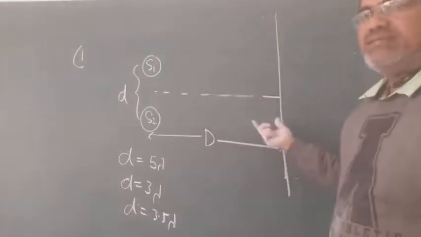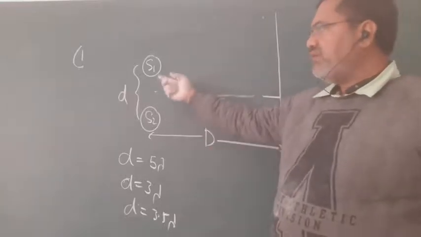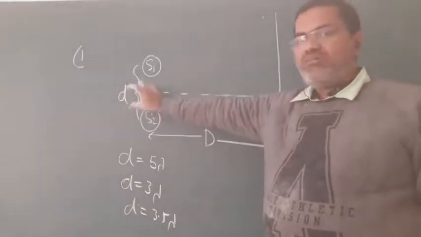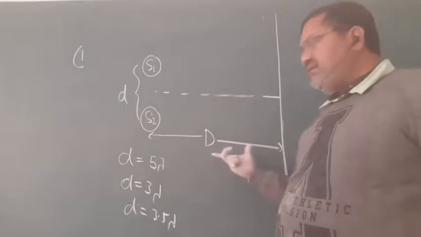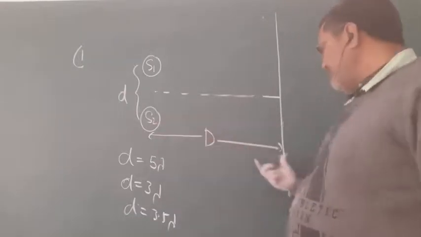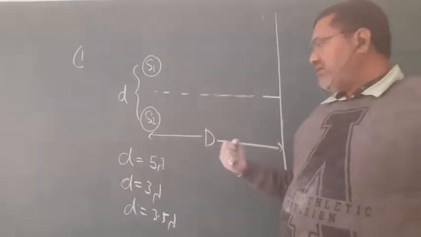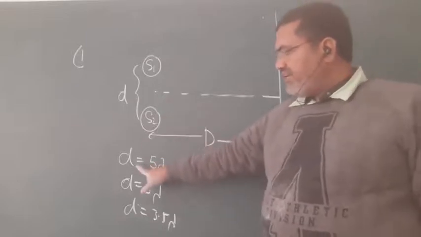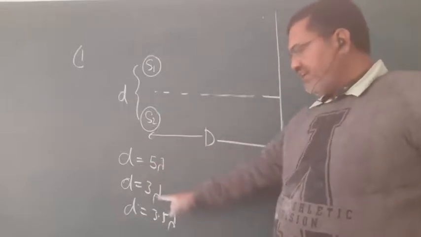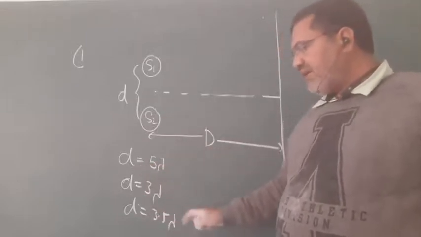S1 and S2 are the coherent sources having distance small d, and capital D is the distance between the slits and the screen.